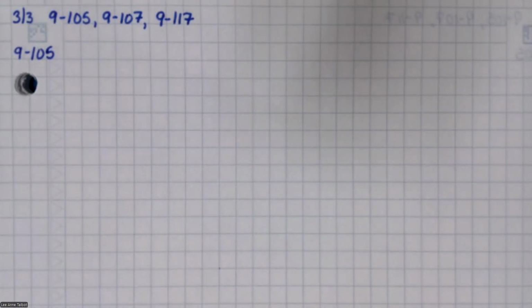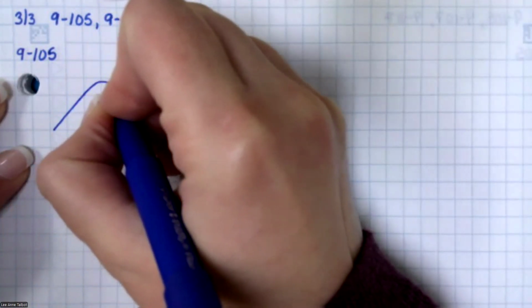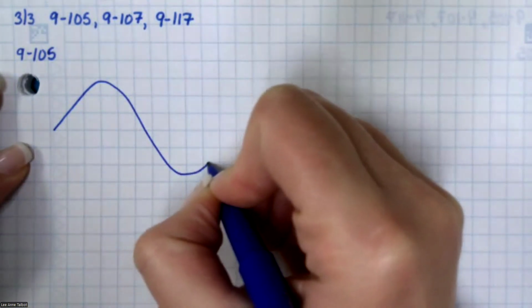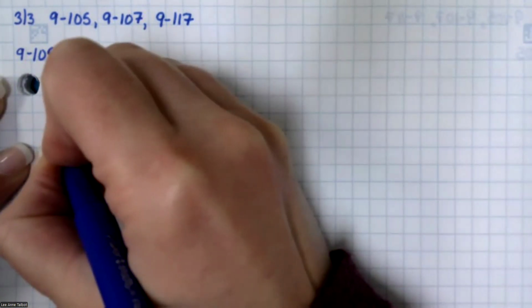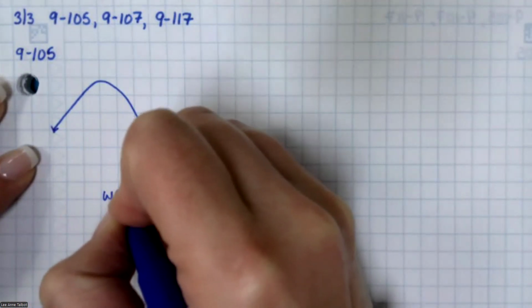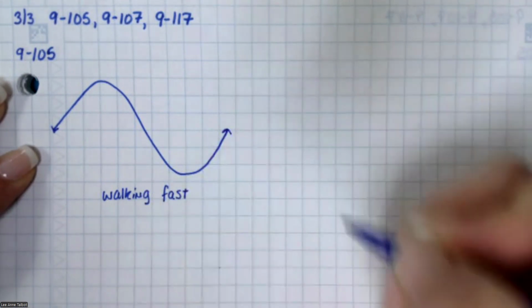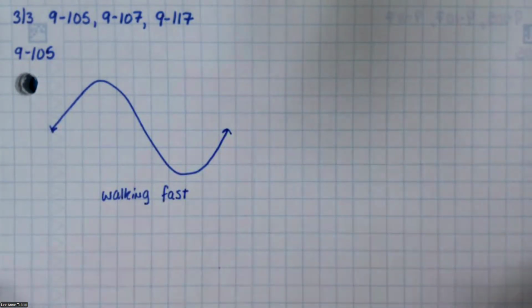Okay. All right. So I'm going to take you back in time to the day that we did the water bottles. And when we did the water bottles, we said that if it was spread out like this, we were walking fast.